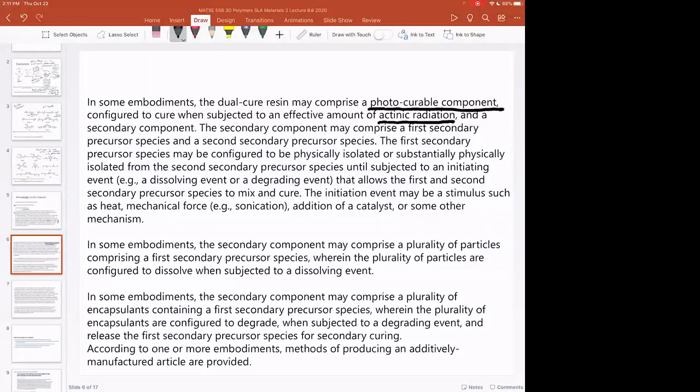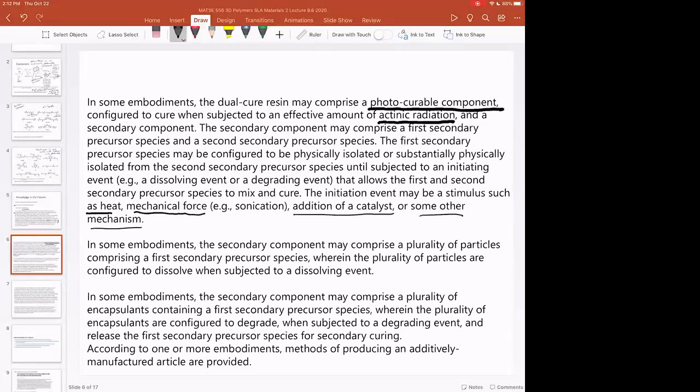And so this secondary component can now do other reactions. And it can be protected using heat, mechanical force, addition of a catalyst, or some other mechanism.